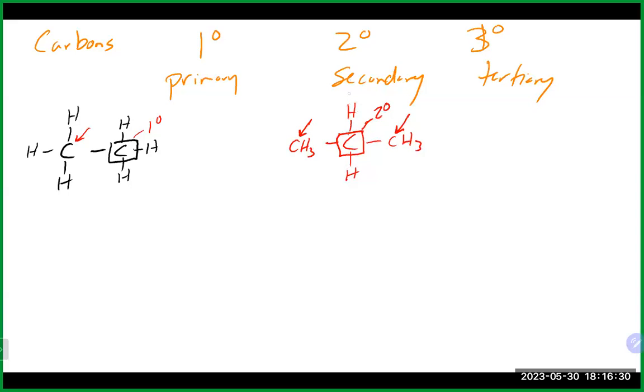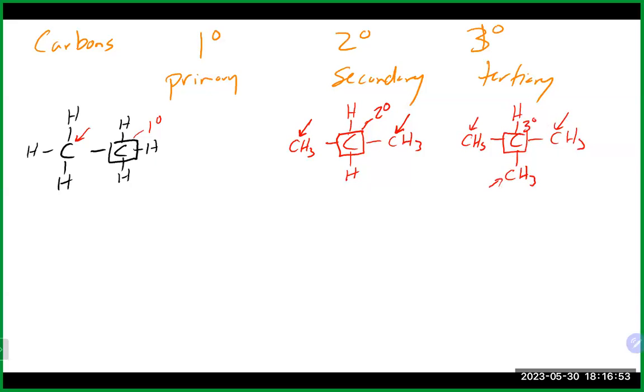You could also see it has 2 hydrogens, which is another way you can look at it. And if we had a tertiary carbon, it would be directly attached to 3 carbons. So this one, directly attached to 1, 2, and 3 carbons, would make it a tertiary carbon.